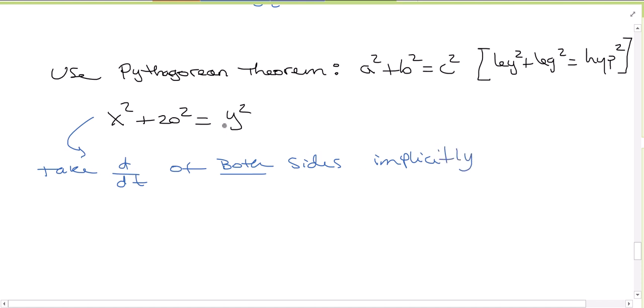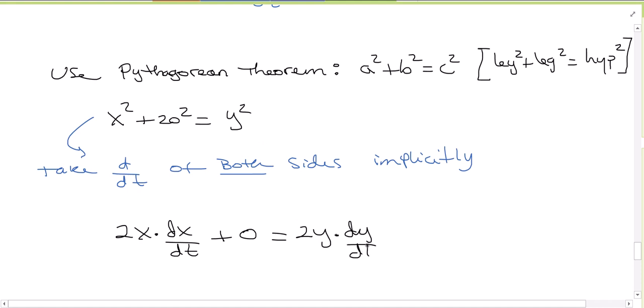So this means x and y are both functions of t, so we're going to need the chain rule here. When I take the derivative of x squared with respect to t, it will be 2x times dx/dt by the chain rule. Plus the derivative of 20 squared, which is 400, but that's just a constant, not attached to a variable, so the derivative is 0, equals 2y times dy/dt.